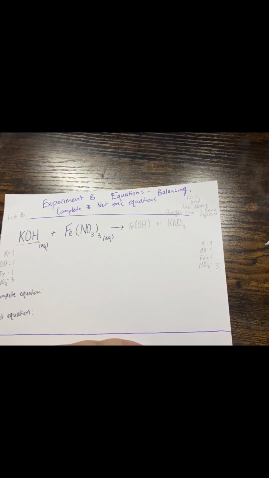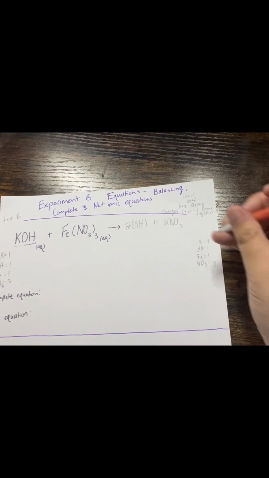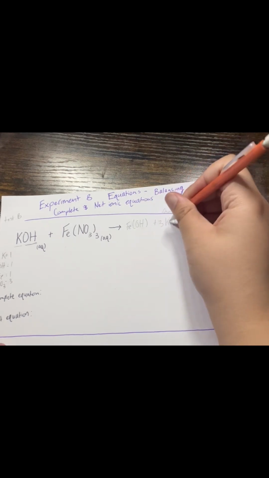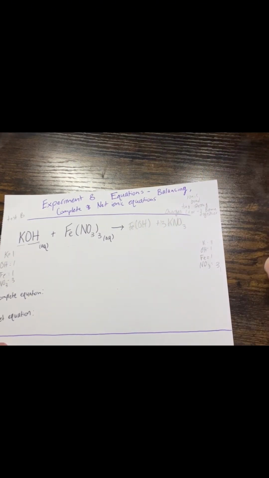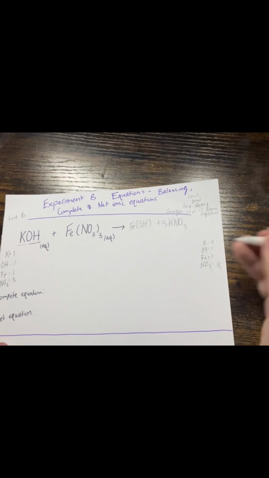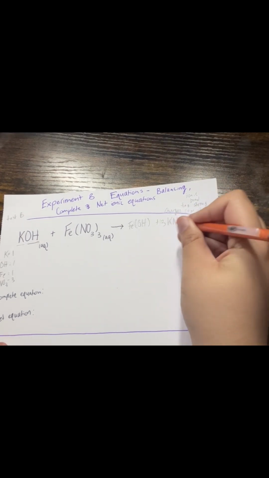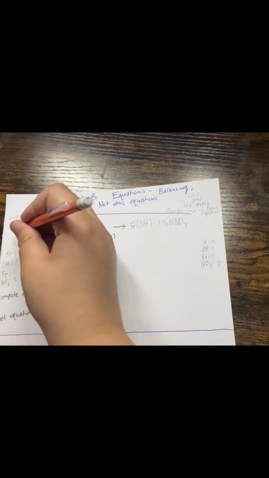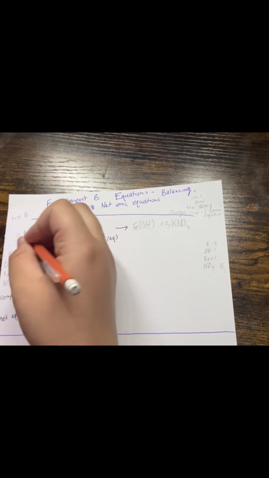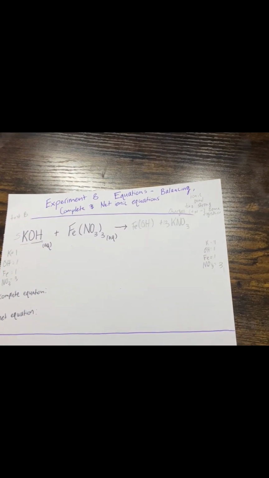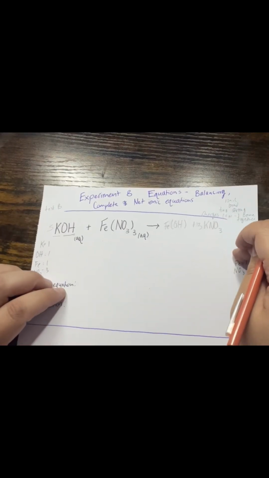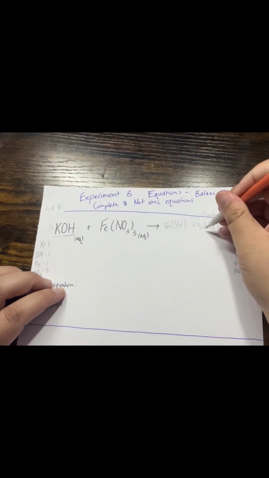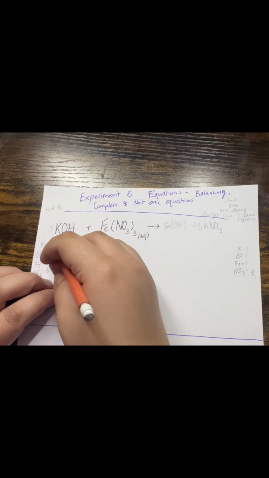So you have to think to yourself, okay, if I put 3 right here, what's that going to give me? What do I have to do? So you multiply 3 on this side, which, keep in mind, goes for both. So you're going to throw a 3 right over here. And then you can see it's balanced with the potassiums, because you have 3 potassiums on this side and 3 potassiums on this side.